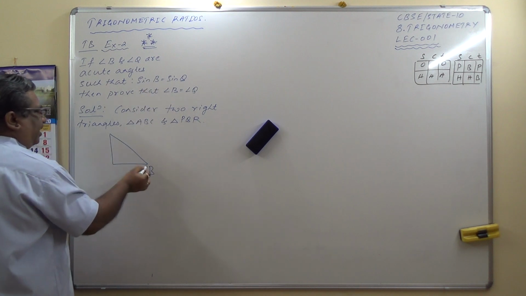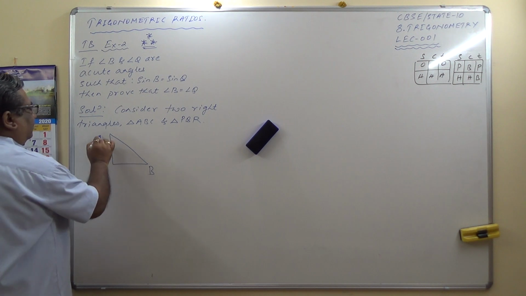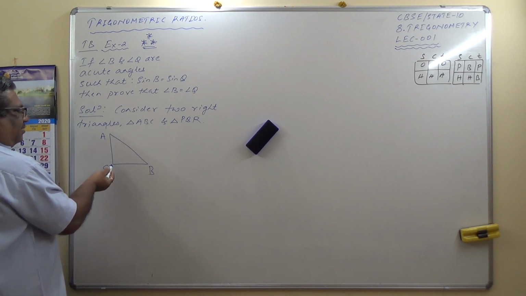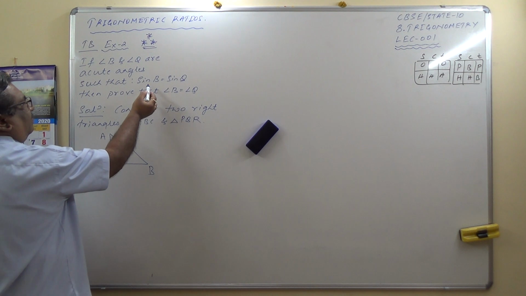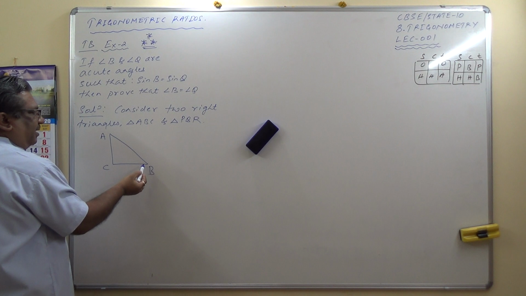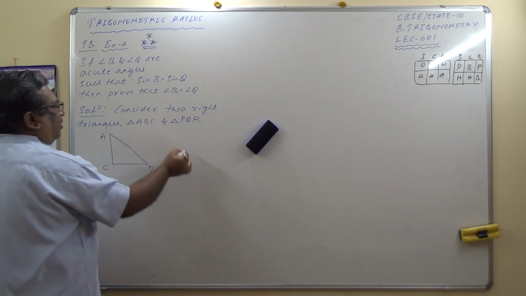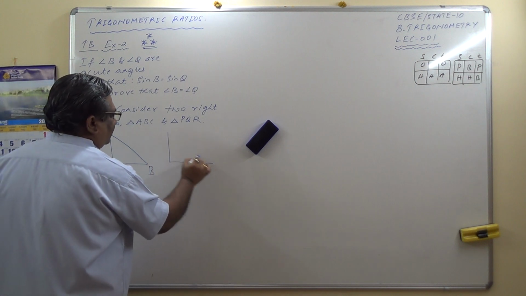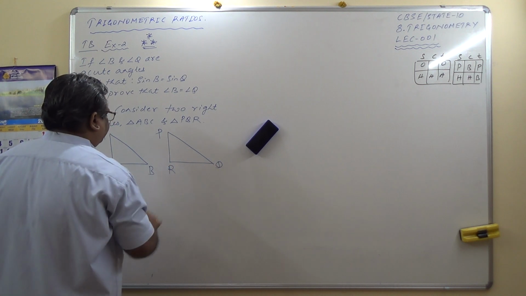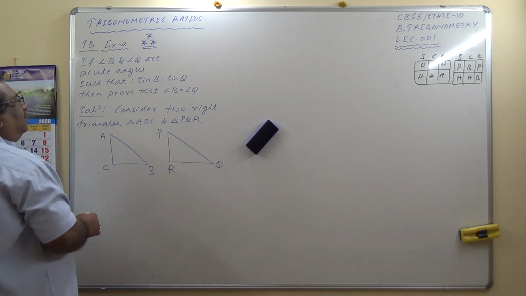So this side I'll make it. This is triangle ABC. You can make it like this, or you can make A this also. But anyway, I have to make the acute angle as this reference angle B here, and therefore I have brought it on the right hand side. So ABC, PQR. Similarly, I will consider PQR. Okay, these are the two triangles that we have considered.